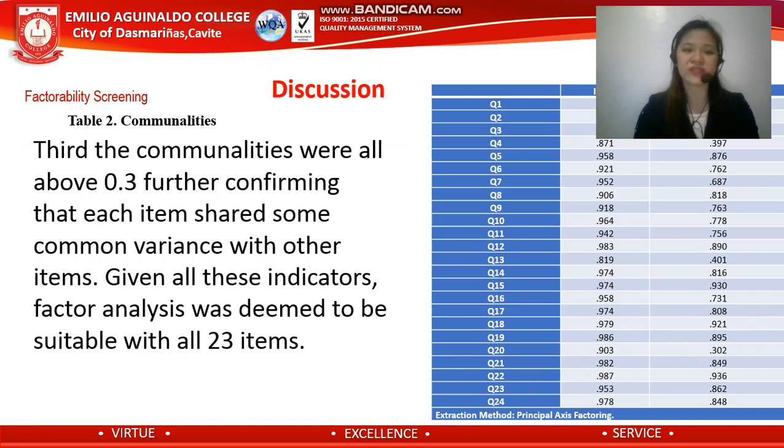As a continuation, the communalities were all above 0.3, further confirming that each item shared some common variance with other items. Given all these indicators, factor analysis was deemed to be suitable with all 23 items.